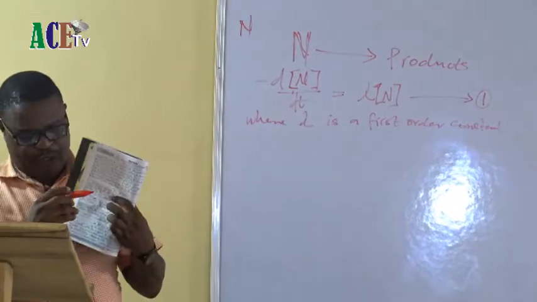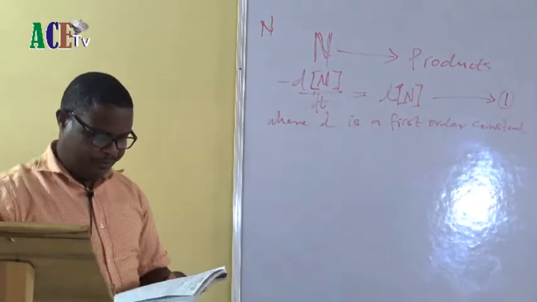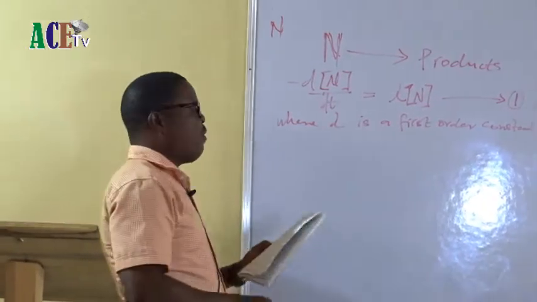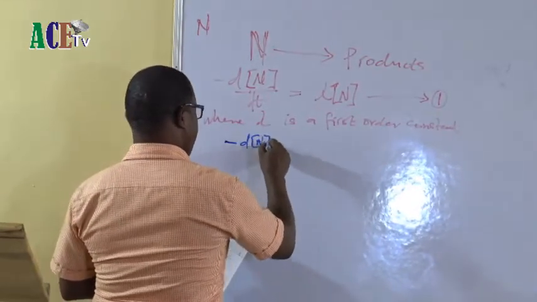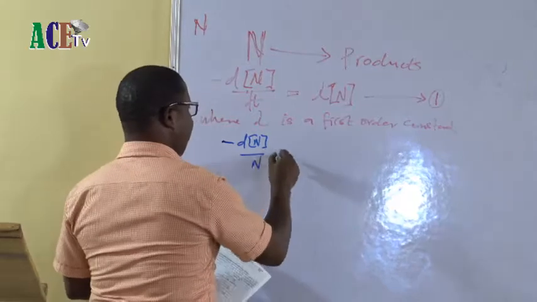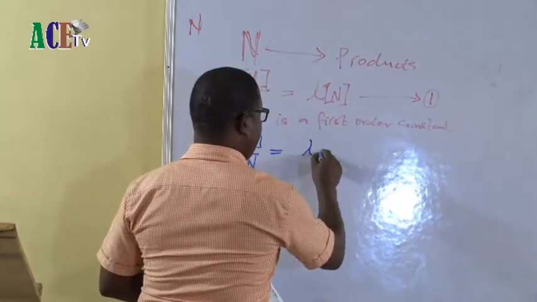Lambda is a first order constant. So therefore we'll be having minus dN over N is equal to lambda dt.